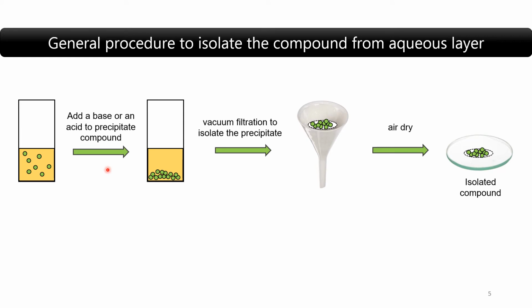So when we reverse the reaction, this compound is reverted to a water insoluble form as it was in the beginning. So it's going to precipitate out of the aqueous solution. And then we can do vacuum filtration to separate the solids from the solution, and we can dry it, and now we simply have the isolated compound.